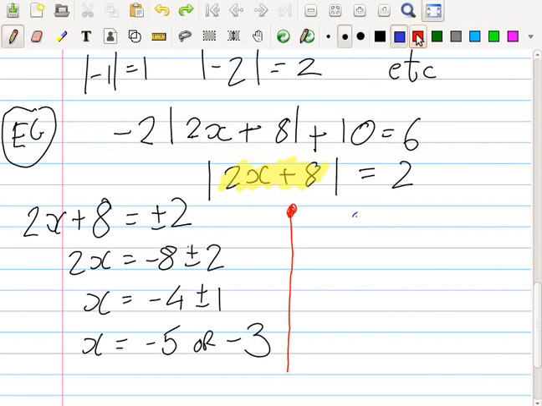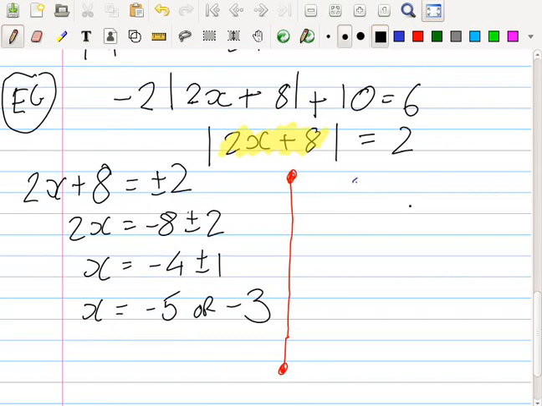Question answered? All right. Now, a second way to solve this is by squaring both sides. And I'll explain in a moment why that works. So if you square both sides, you get 4x squared plus 32x plus 64 equals 4.